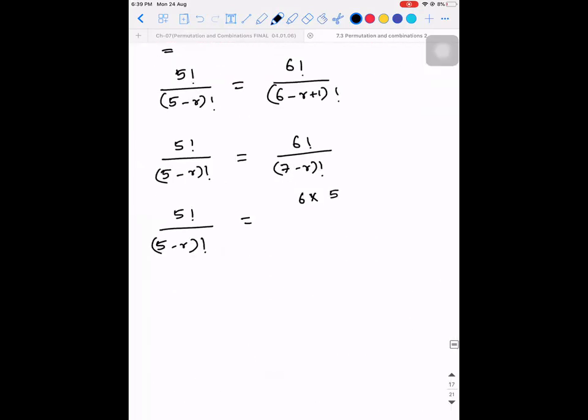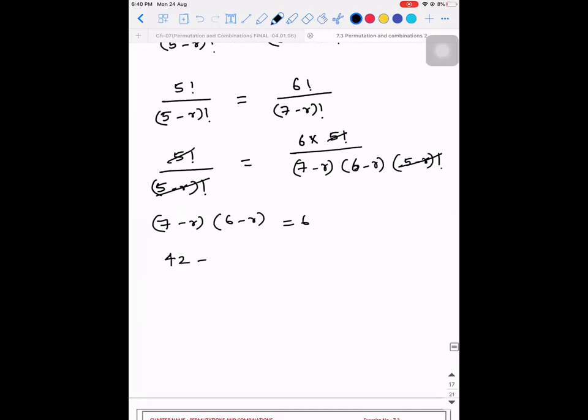So it will be 6 into 5 factorial divided by (7 minus r) into (6 minus r) into (5 minus r) factorial. This and this will get cancelled. 5 factorial is gone. So (7 minus r) into (6 minus r) is equal to 6.